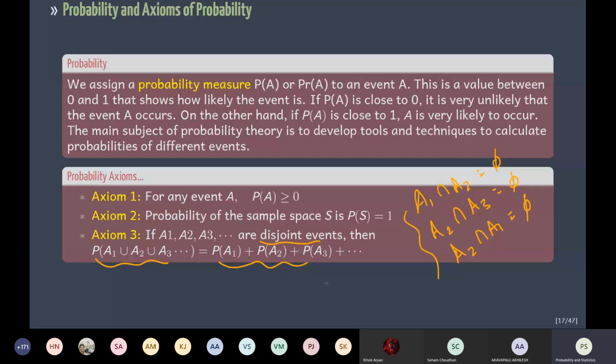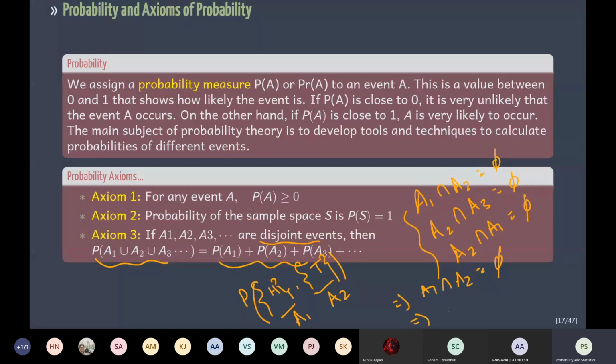For example, in the coin toss example, if we have an event of getting a head, and if we have an event of getting a tail, okay, so these are like disjoint events. So let us say this is A1 and this is A2. Okay, so we know that A1 intersection A2 is empty, right? So this is a disjoint event.